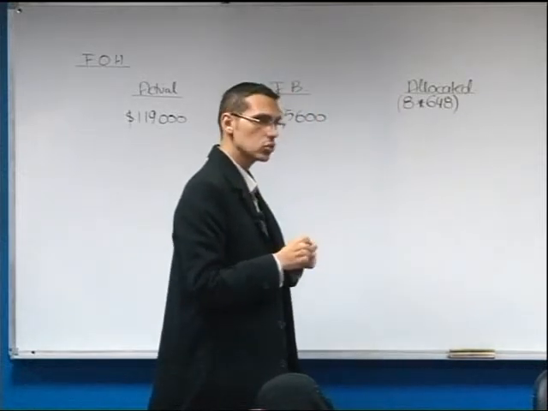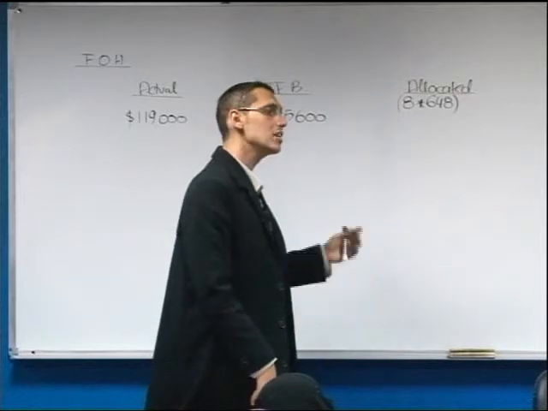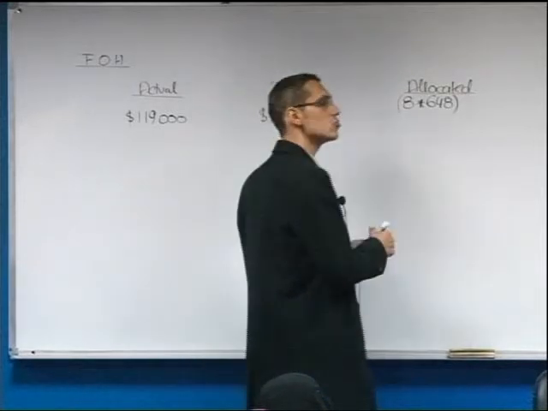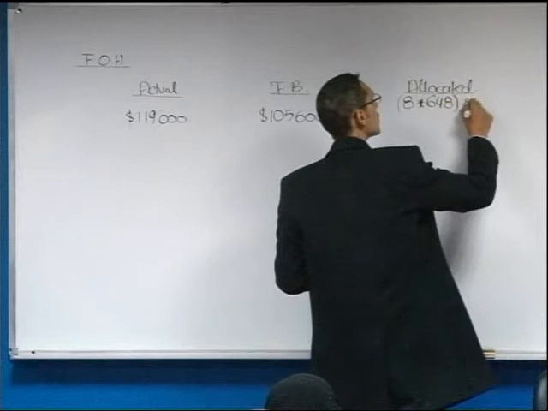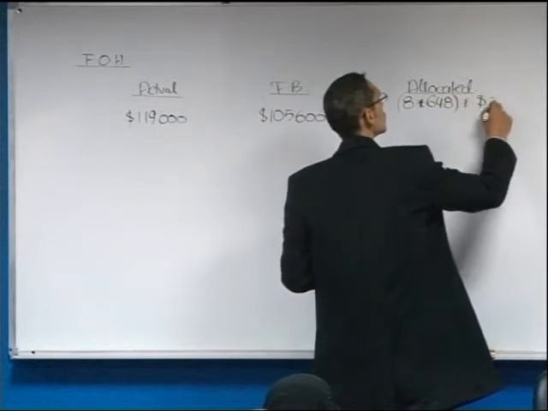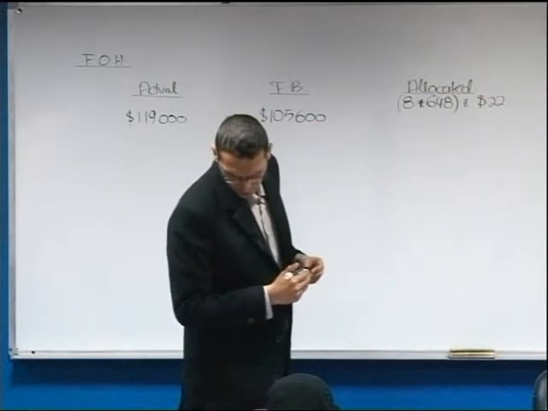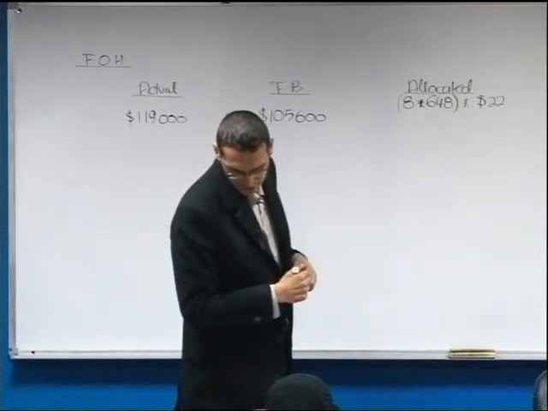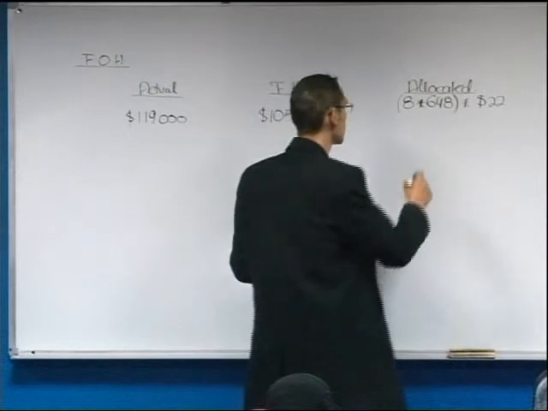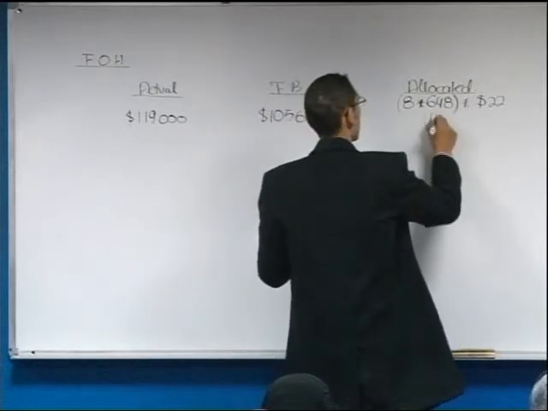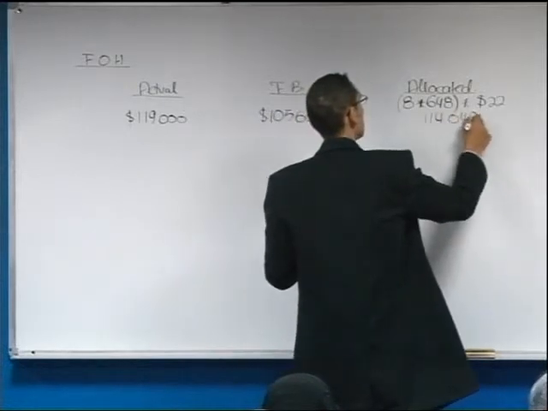Now we need to multiply it by the budgeted rate, which is $22. Therefore, it would be 114,048.